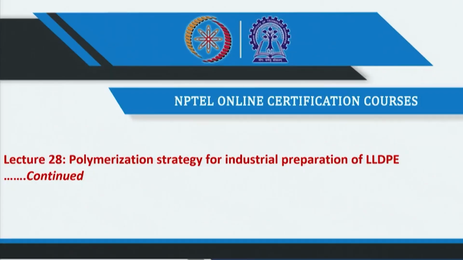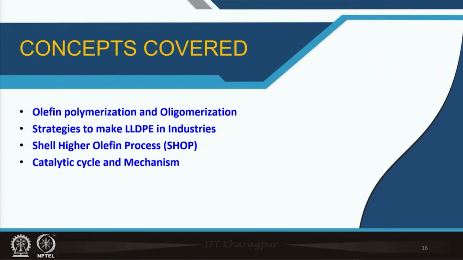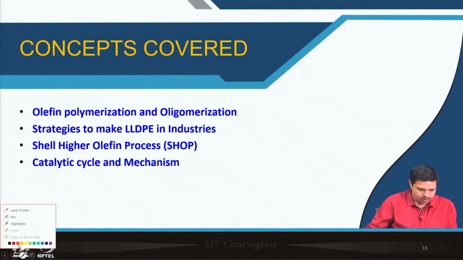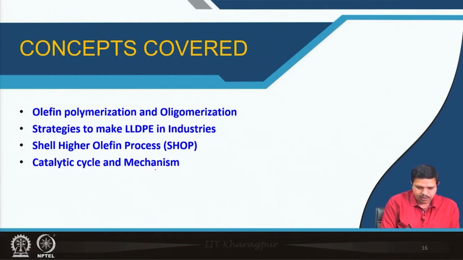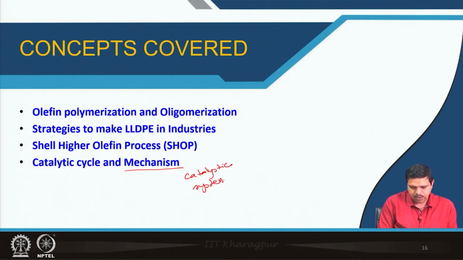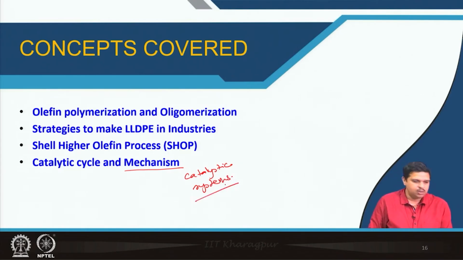We will also try to understand the reaction mechanism involved in the oligomerization, mainly the catalytic cycle and mechanism, and the catalytic systems. That is what we will concentrate on in today's class.